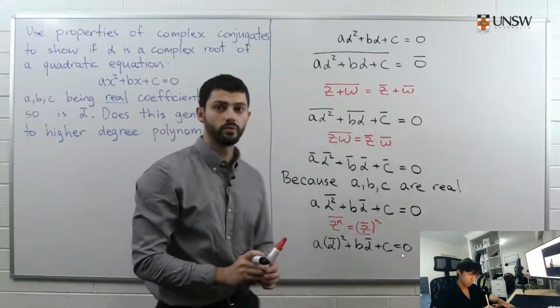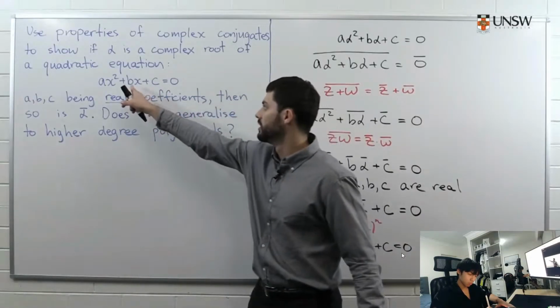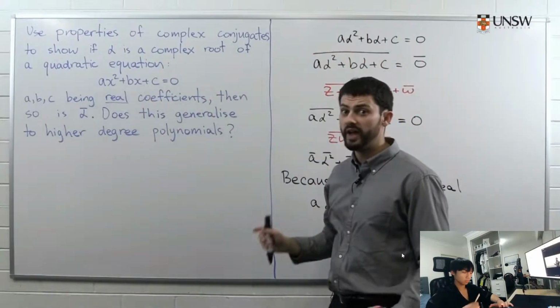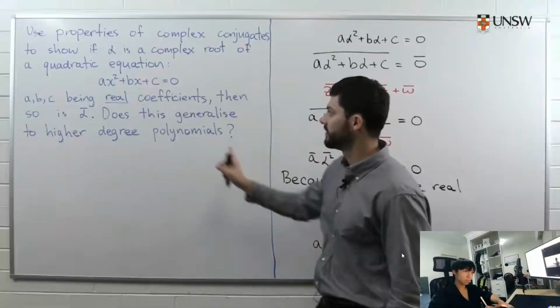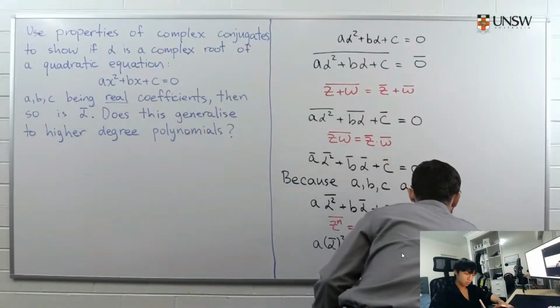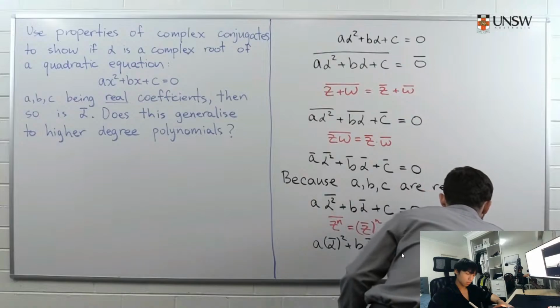And that's precisely what we get if we substitute the conjugate of alpha instead of x here, instead of substituting alpha, which by definition means the conjugate of alpha is the root of this equation. So we can say now, therefore, alpha conjugate is a root.